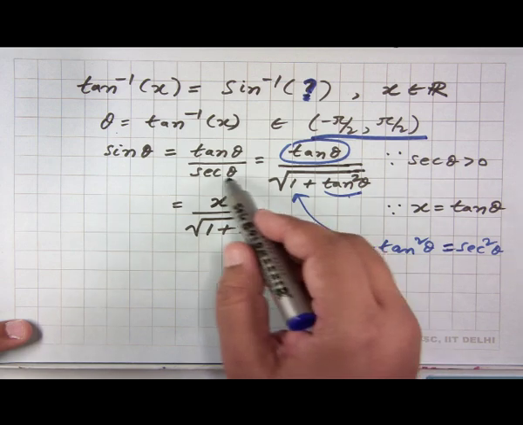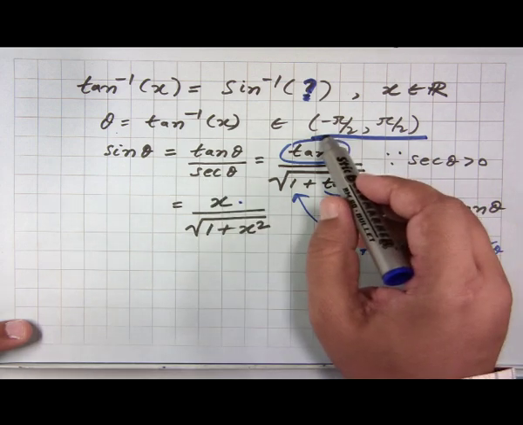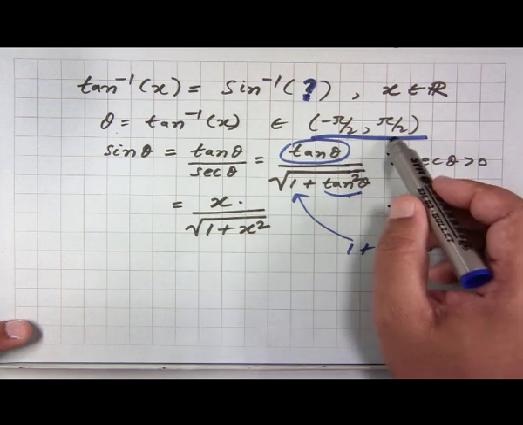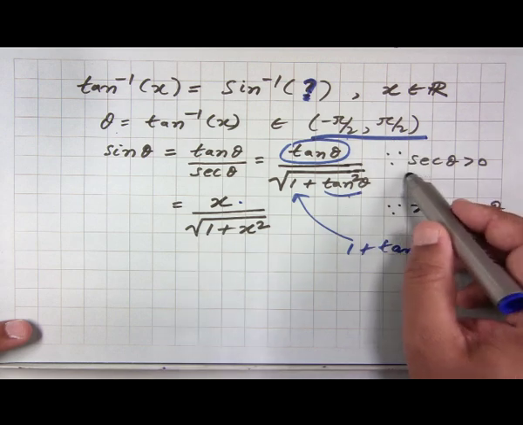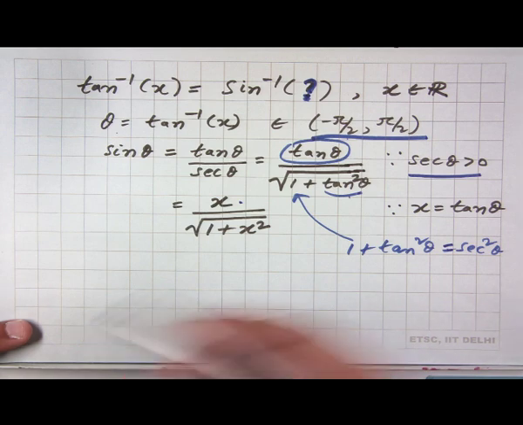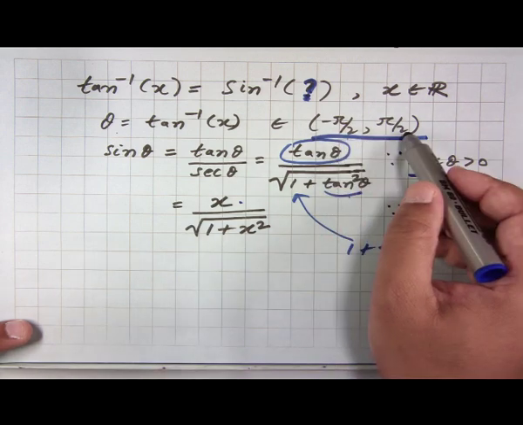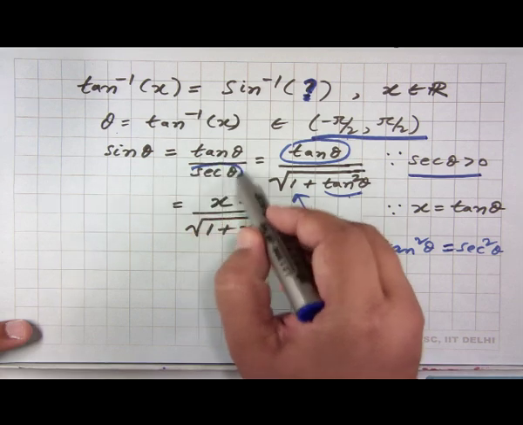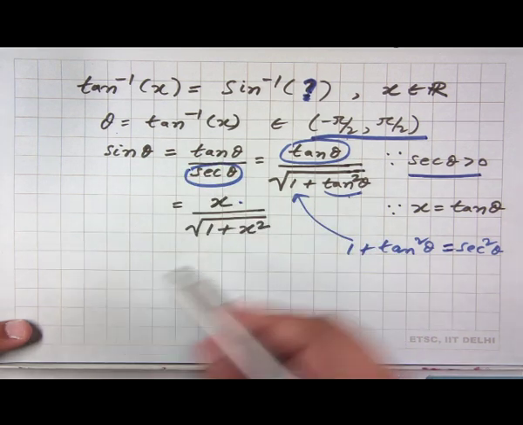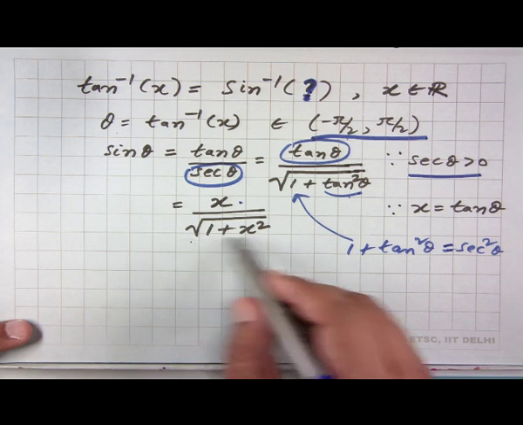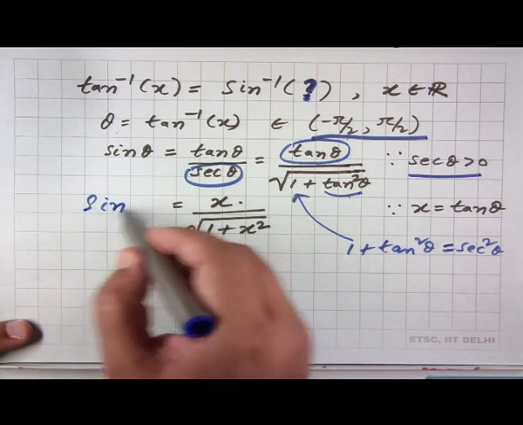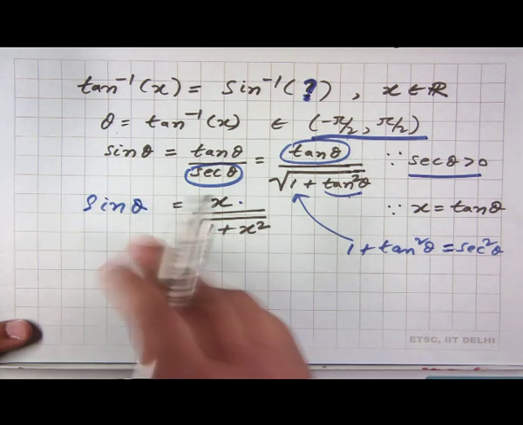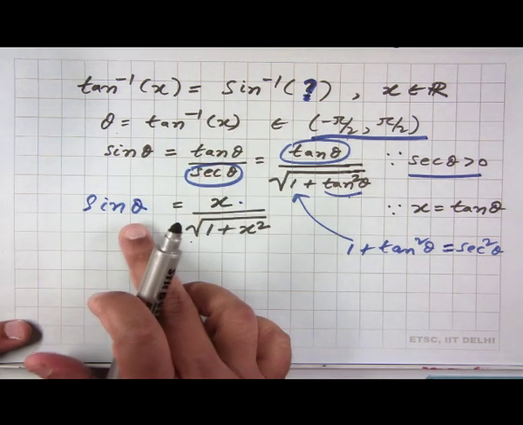This square root here is a positive square root. The reason being that when theta belongs to the interval minus pi by 2 to plus pi by 2, cos theta and therefore secant of theta is positive for all theta in this interval, and therefore, since secant theta is positive, we will take the positive square root of 1 plus x square. So, finally, what we have is that sine of theta, where theta is tan inverse x, is equal to this.